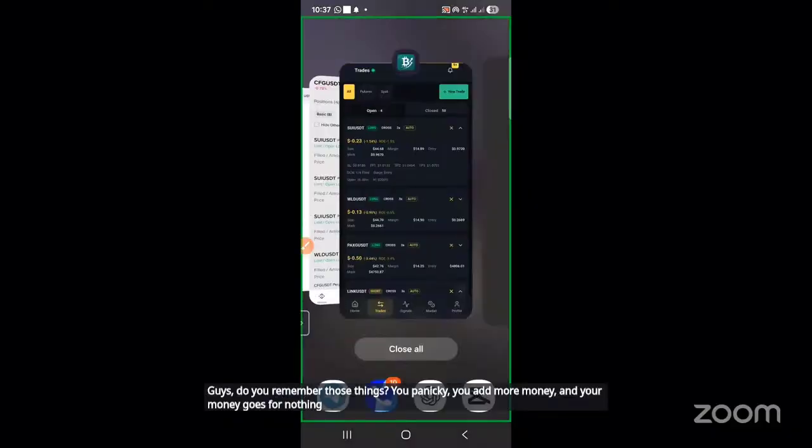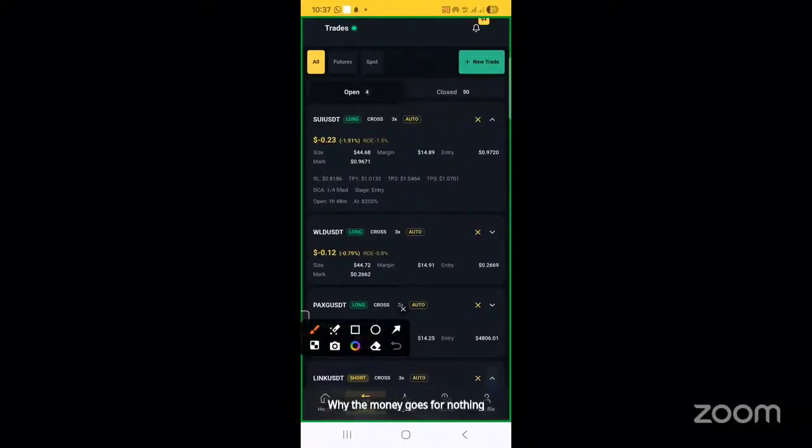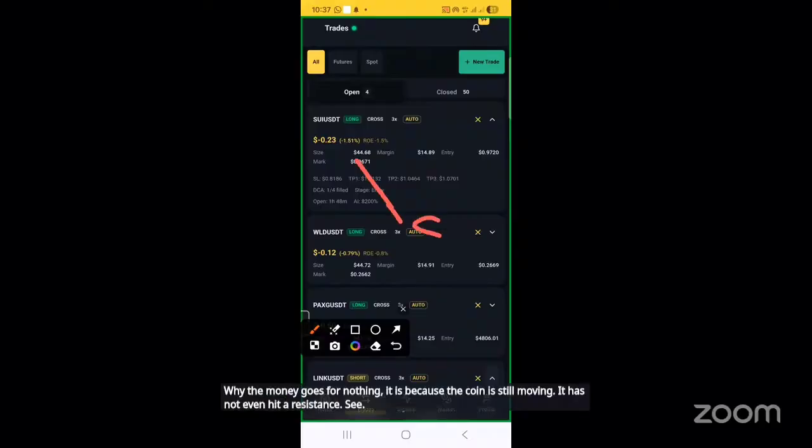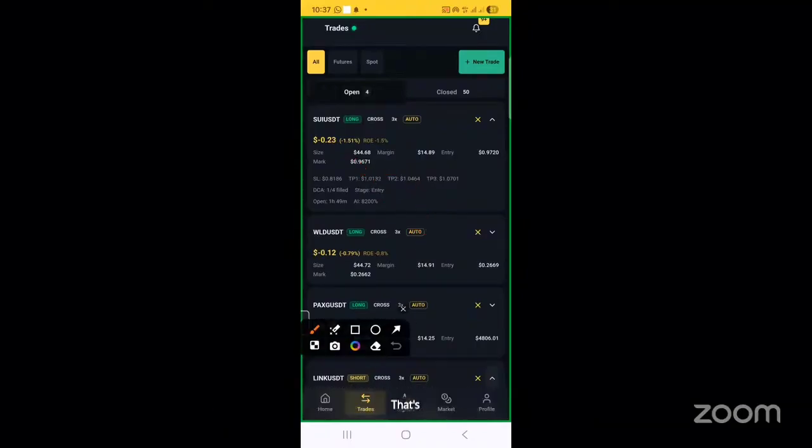Why does the money go for nothing? It is because the coin is still moving. It has not even hit a support, and you're adding in money here, adding in money here. By the time it reaches the support, you're depleted. You don't have more money to add. That's why this bot does not add money anyhow. It waits until the coin hits a proven support.